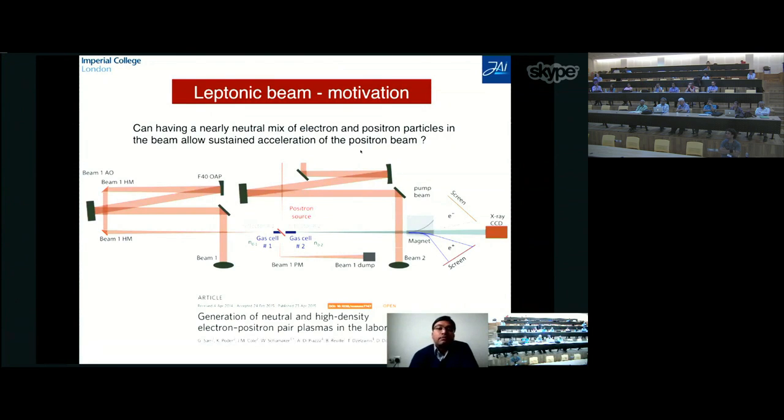And this is motivated also by the possibility of doing an experiment using the Gemini laser, which has 2 laser pulses.